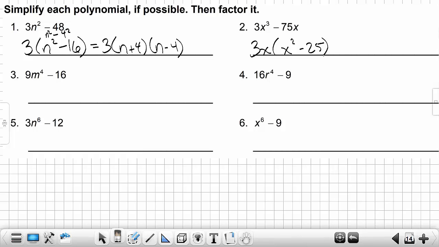Why is it x squared? Because I took an x out of both items. So if I take an x out of x cubed, it drops down to an x squared. Okay. So this is going to be x squared minus 5 squared. So my a is x and my b is 5. So what will this factor into, Destiny?